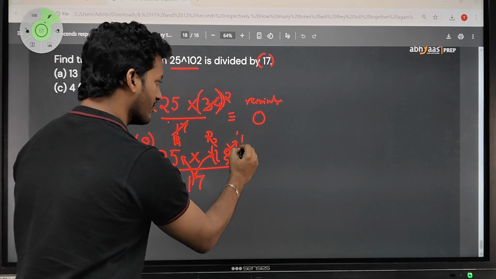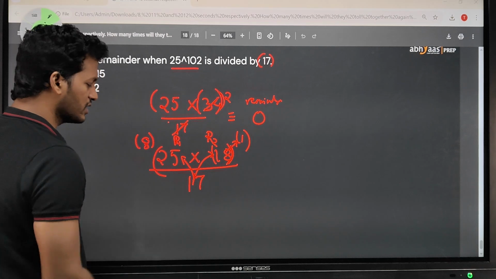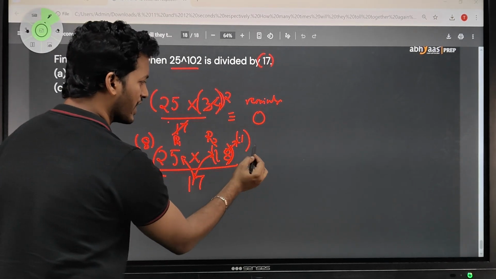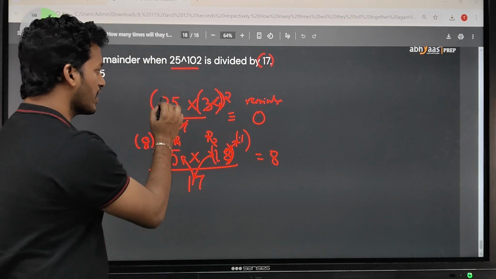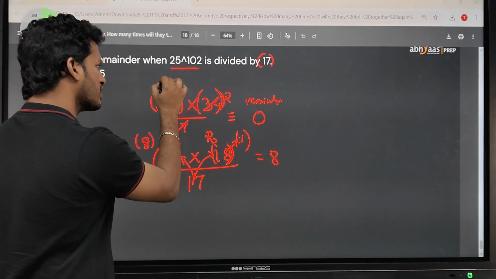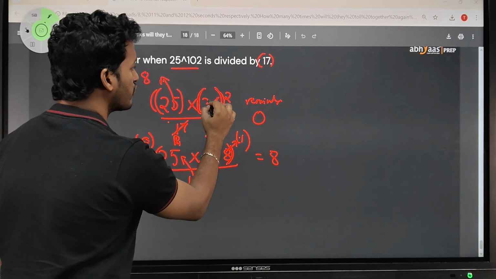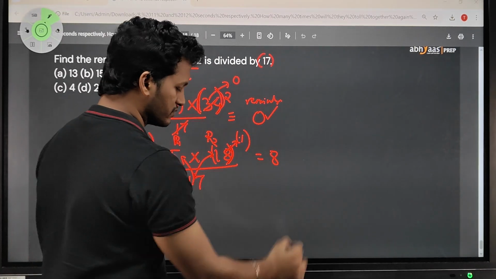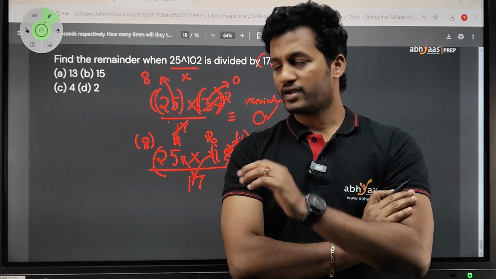It is 1. So the whole remainder when divided by 17 is nothing but 1 into 8, that is 8. Here also, the remainder of 25 is 8 when divided by 17, and the remainder of 34 when divided by 17 is 0. So 8 into 0 is 0. I hope you understood this method.